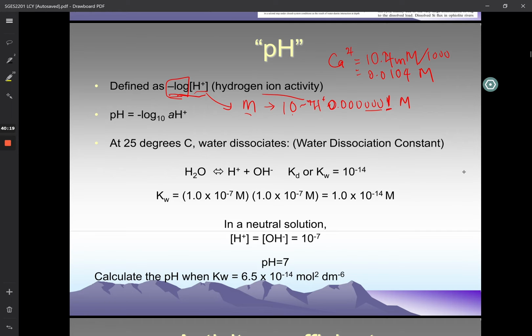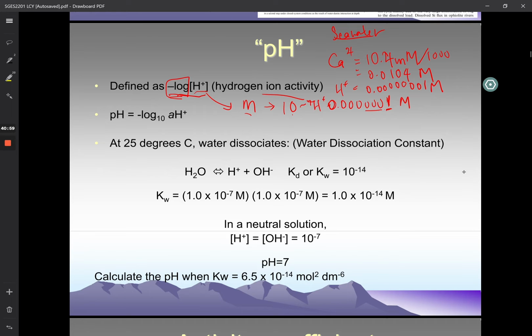Whereas if it is hydrogen ions, the concentration in a seawater sample, we know that the pH for seawater is approximately 8, so it will be 0.00000001 molar.